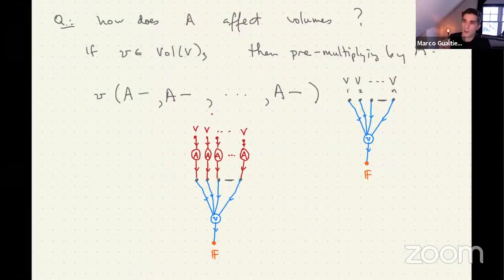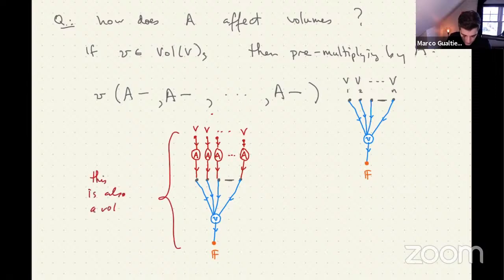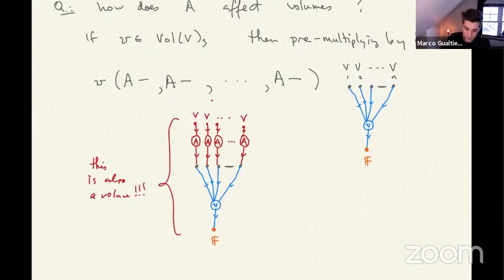The point is that if I do this, the result is still a volume. Why is that? What do I need to check to see that this is a volume? I need to make sure that this is still multilinear.